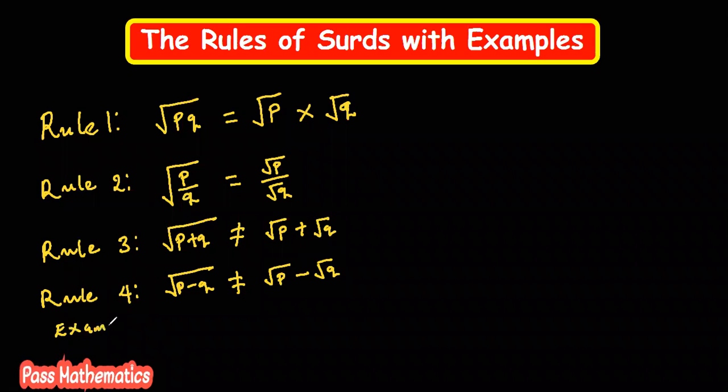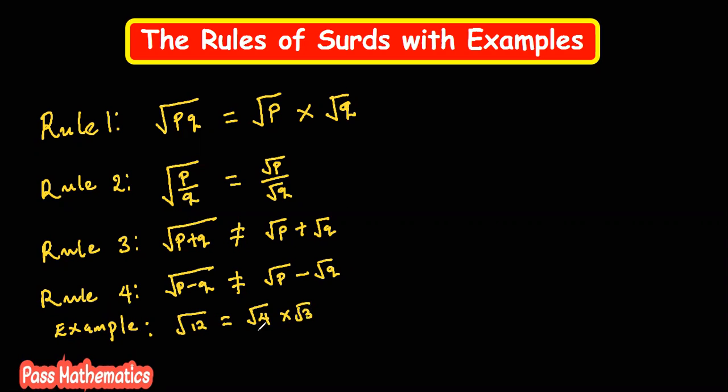So let's look at rule number one. Example, if we have root 12, it means that we can further simplify this by looking for its factors, by saying root 4 times root 3.